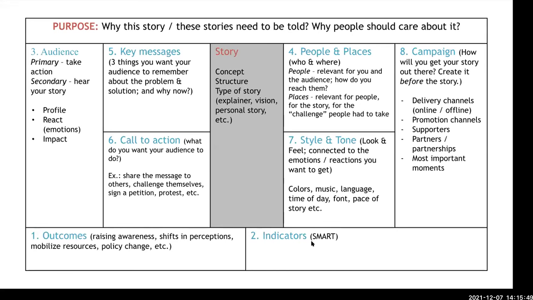So first, establish your outcomes. Second, put these outcomes into indicators so that you know how you are going to follow the success. It might be the number of people that will back up your crowdfunding campaign, the money that you raised, the number of reactions and comments you got from the community, whatever indicators there could be.